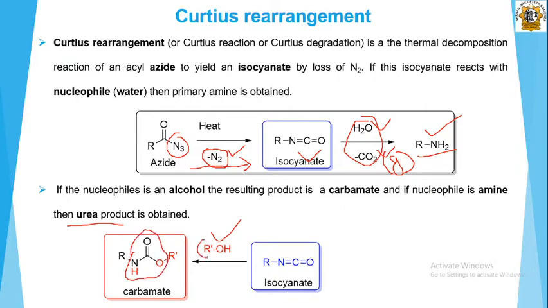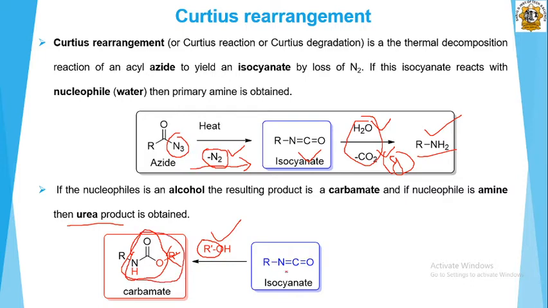R belongs to that type of alcohol. If you have ethyl alcohol, you will get ethyl here. If you have propyl, you will get propyl here. If you have tertiary butyl, you will get Boc protection, so this will become a Boc group.